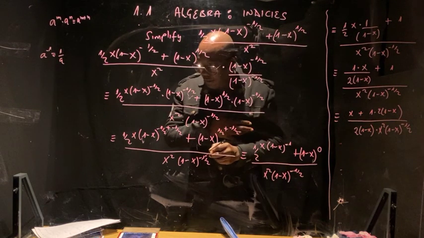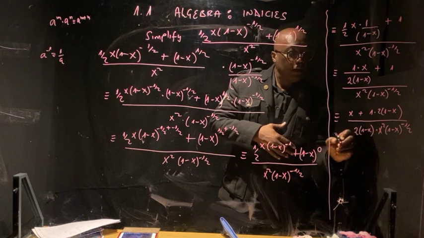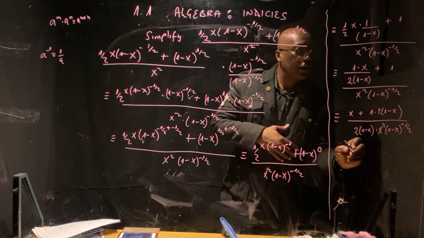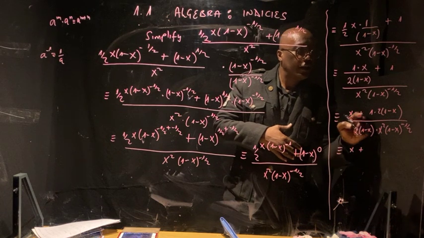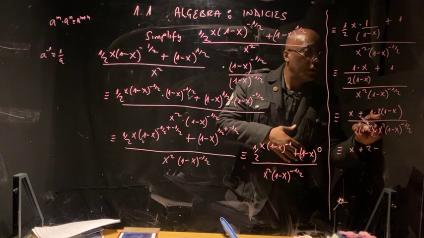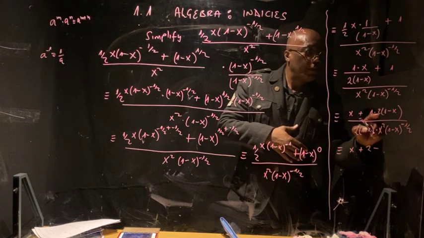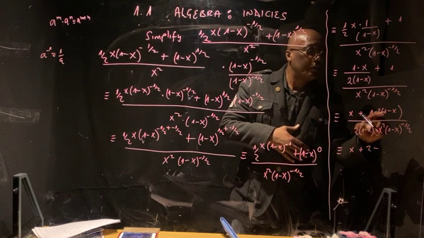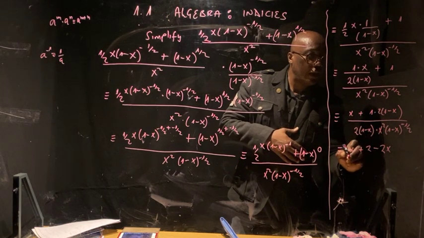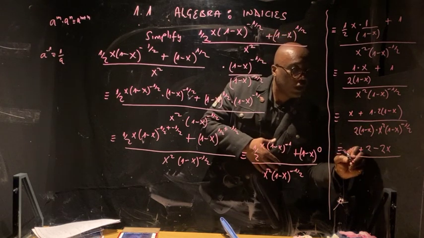Good. Then it is not different from x plus 2. 2 times 1 is 2. And then 2 times minus x is minus 2x. All over 2x squared.